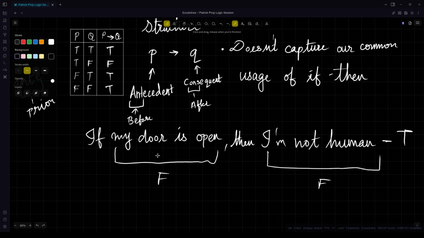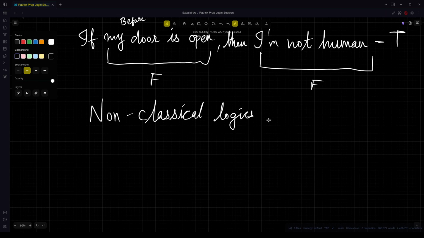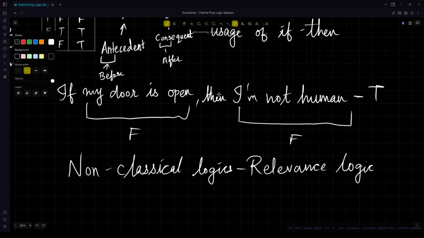So we also have some non-classical logics, like relevance logic. Relevance logic is a type of non-classical logic which adds constraints to capture what we mean by if-then statements in natural language.